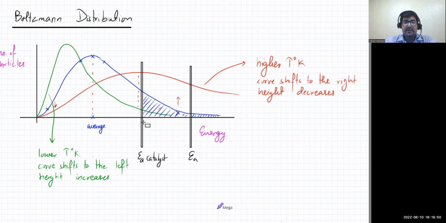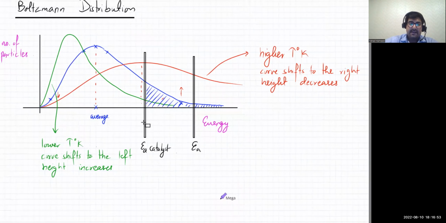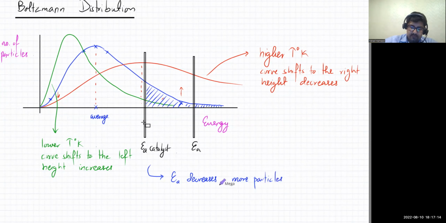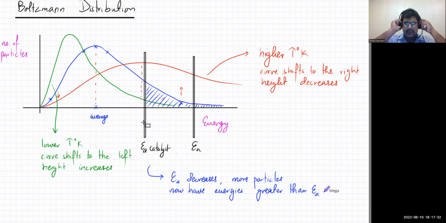So if they ask you to use the Boltzmann distribution to explain the effect of a catalyst, what you're going to do is state that the activation energy decreases, and now you have more particles having energy greater than the activation energy, greater than EA.